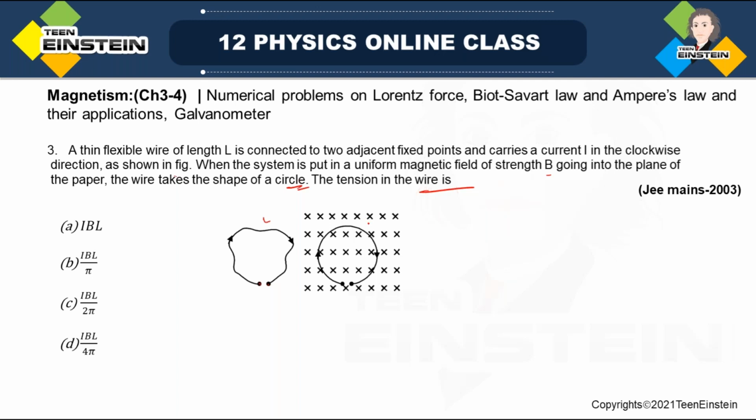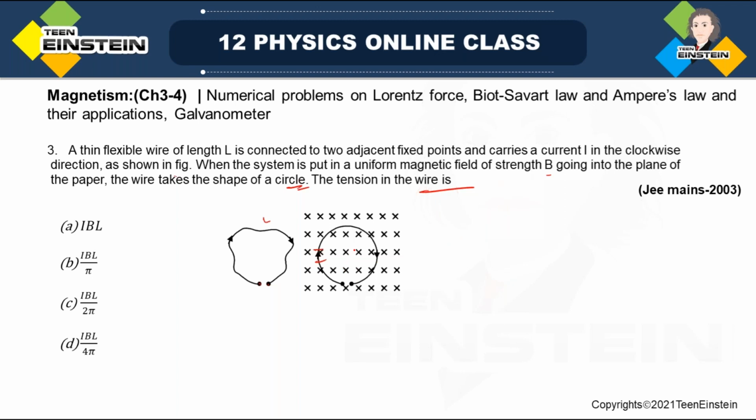Okay, so look here, the magnetic field is in the direction perpendicular to the plane of the paper, and there is this arrow. This is the direction of the current through the loop, so it is in the clockwise direction as you see.